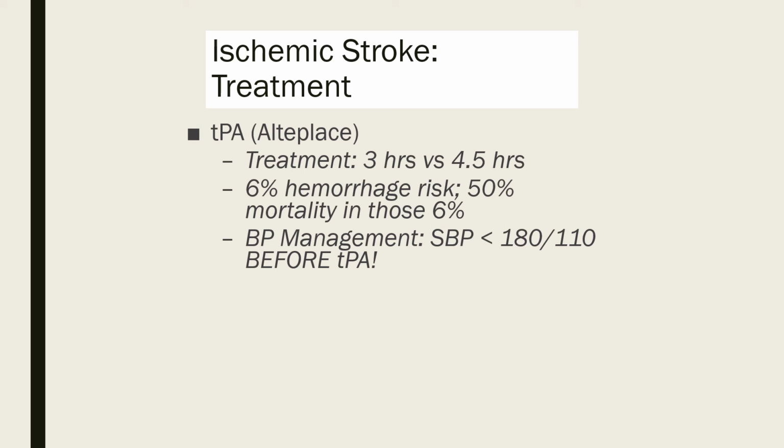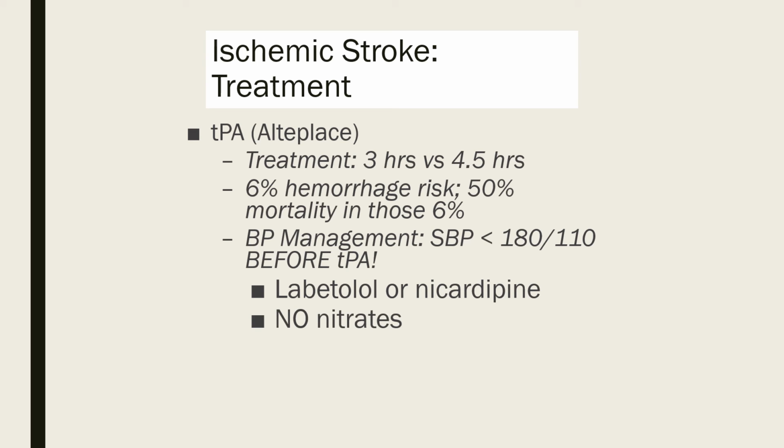But if you're considering TPA, you actually need to have it under those parameters. It's usually treated with IV labetalol or nicardipine, and you don't ever give nitrates such as sublingual nitro or nitroprusside drip because those will increase the intracranial pressure.